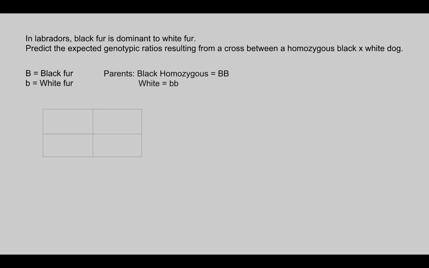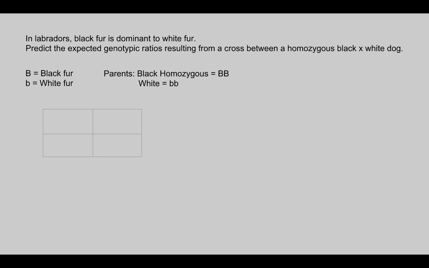The parents in this situation, we're told that they are homozygous, so black must be two capital B alleles, homozygous meaning the same, and white also homozygous and must be two small b's. And we also know that because the only way you can have a white dog, which is a recessive characteristic, is in the absence of the black allele.